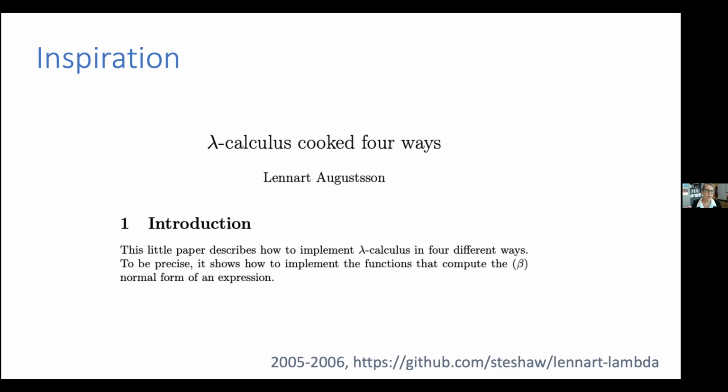Okay, so how to answer that question is to sit down and try to compare these approaches carefully. And part of my inspiration, so I'm not going to start from scratch, is I have found this draft paper by Leonard Augustin. It's almost 15 years old now, or over 15 years old now, and never really published, but it's available.